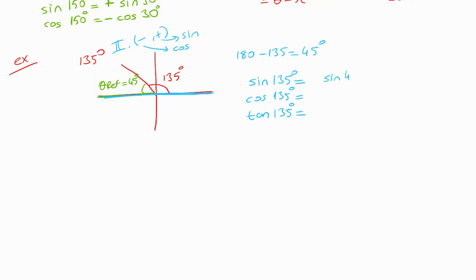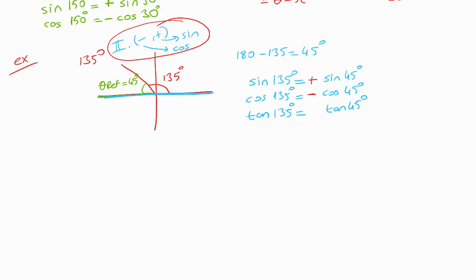Sine 45 I can use, cosine 45 I can use, or tangent 45 I can use. But what is the difference? The difference is the signs. What is my sign for sine? It's positive. What is my sign for cosine? It's negative here.